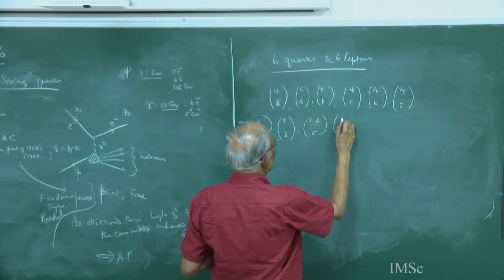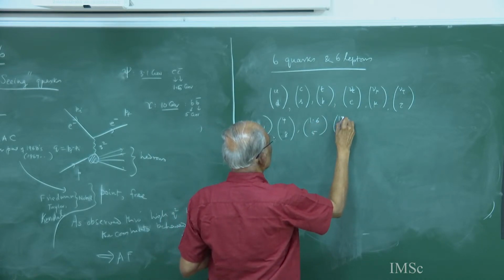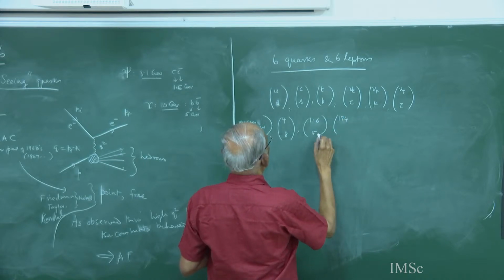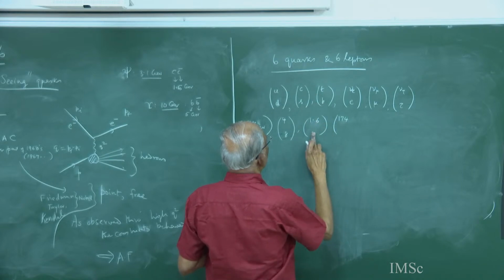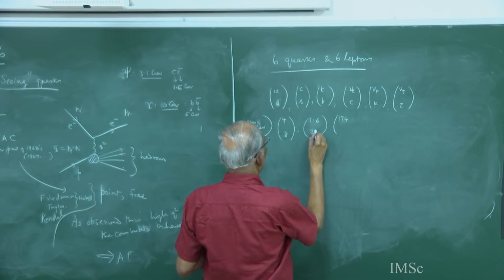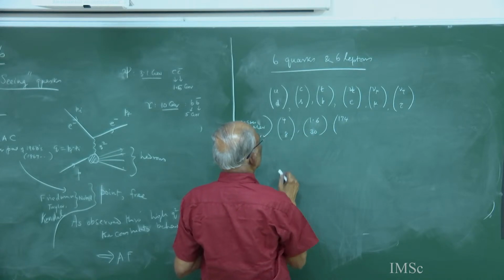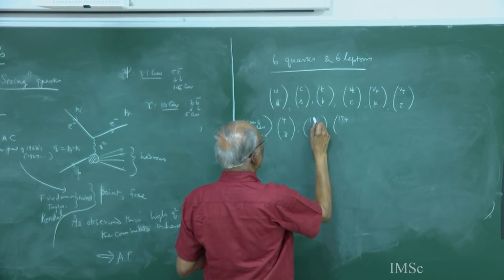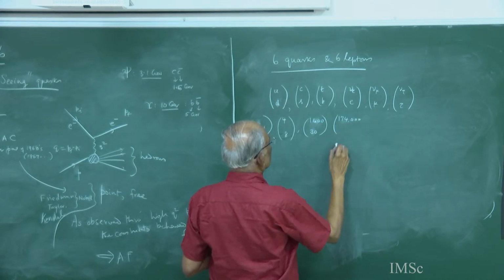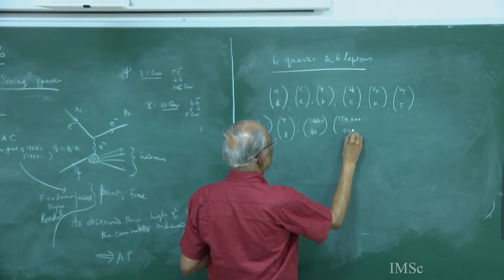The third one, t, the top quark, is 174 GeV, and I think I made a mistake here, 1.6. This is s. I already said the s mass is about 30 MeV. This is GeV, so 1600, and so here I have to put 3 zeros, and this is 5000.